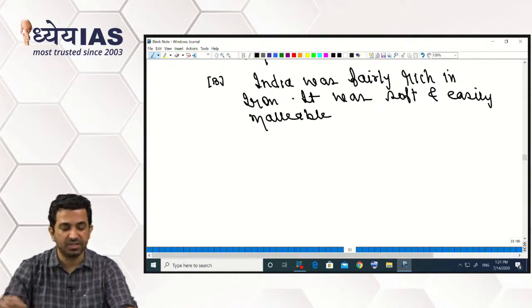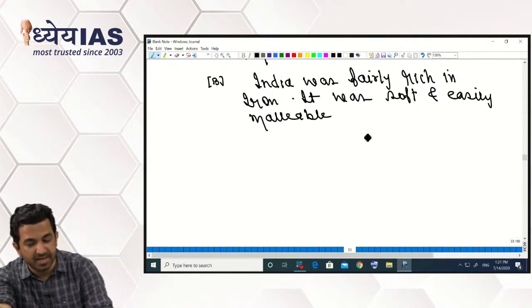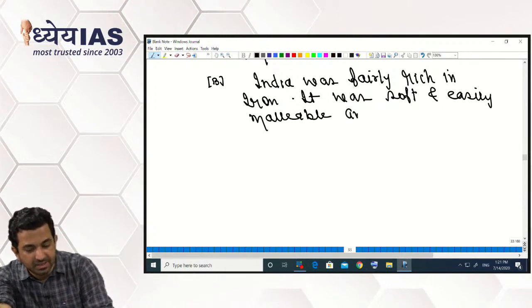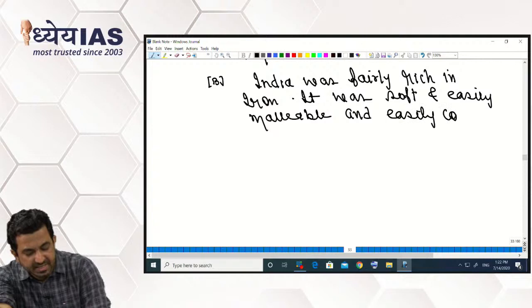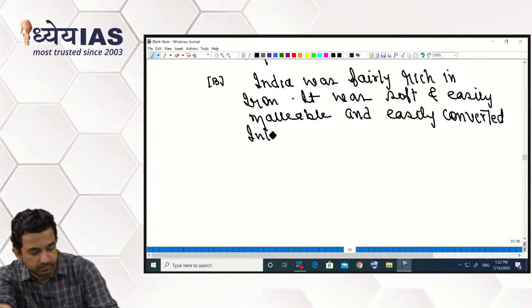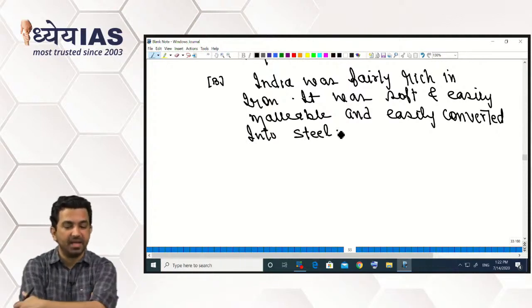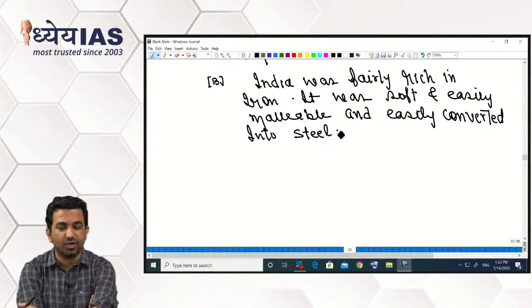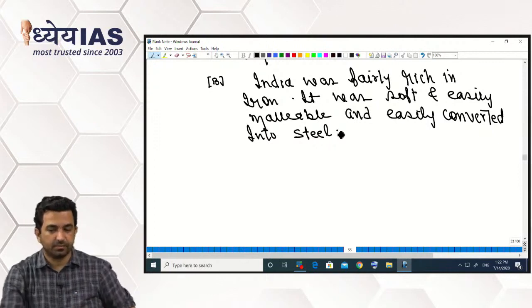Indian iron was soft and easily malleable, and easily converted into steel.